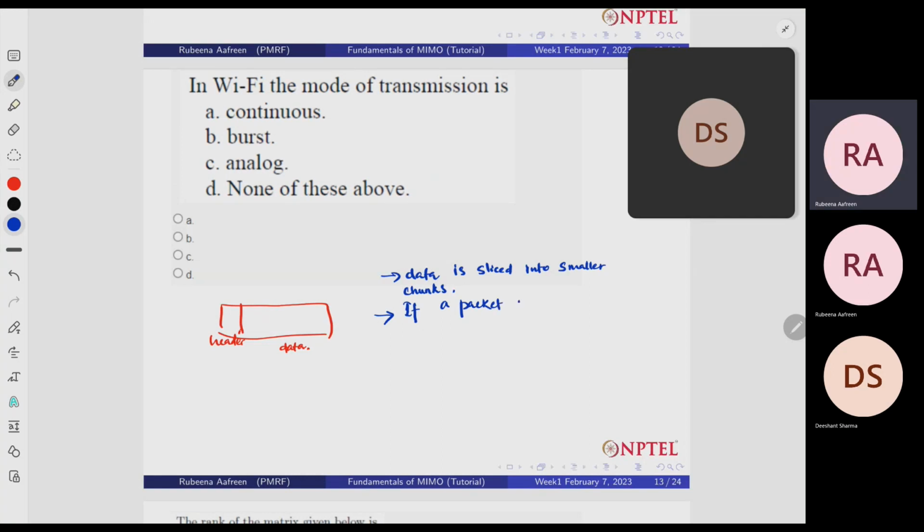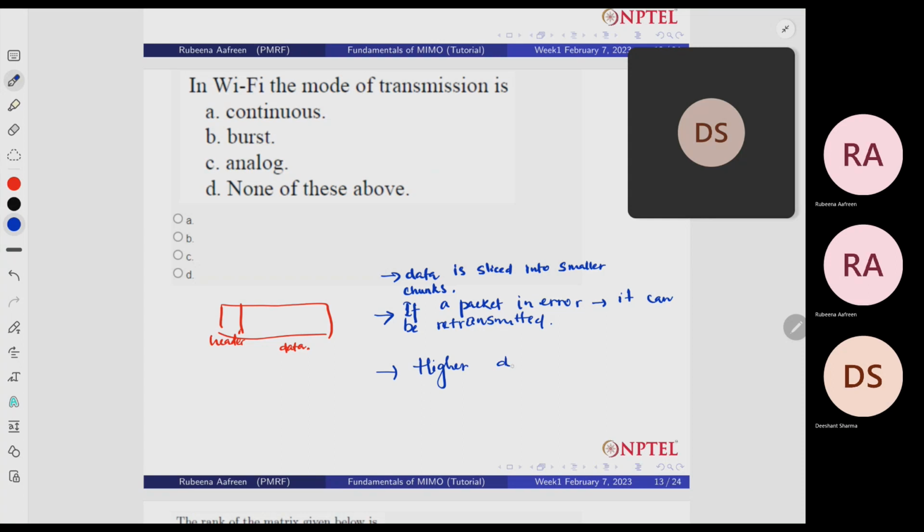If it is identified to be in error, then it can be retransmitted. So that is why it gives a higher data rate. So Wi-Fi is a bursty mode of transmission.